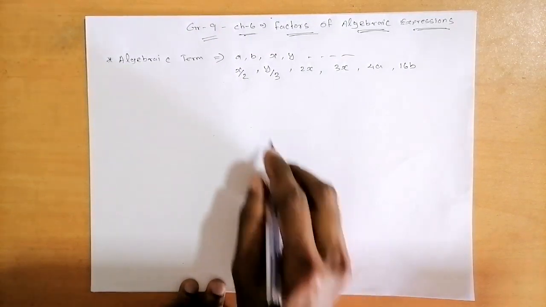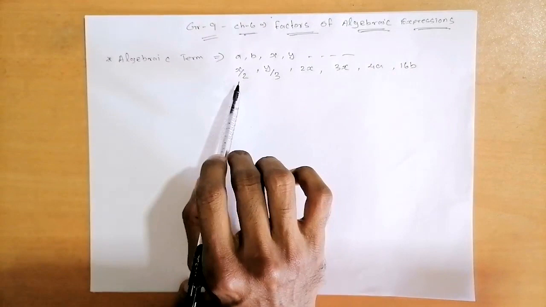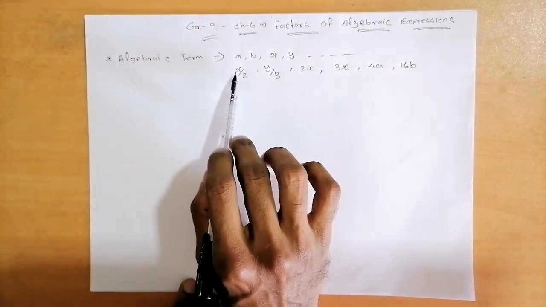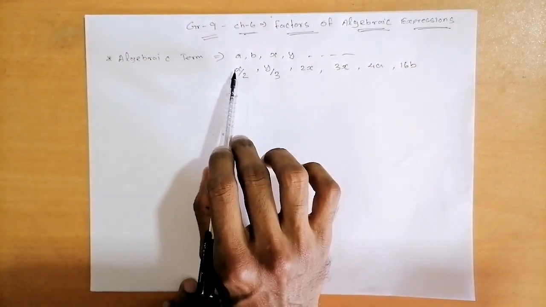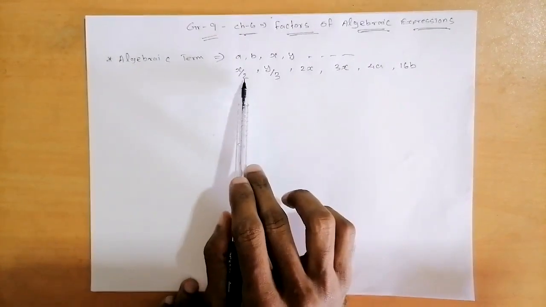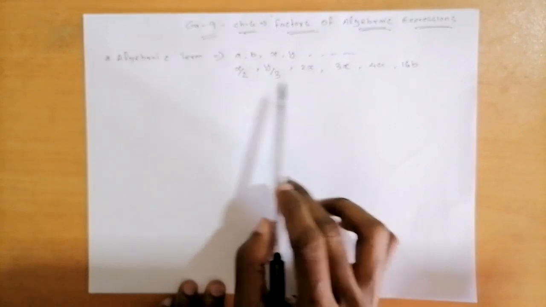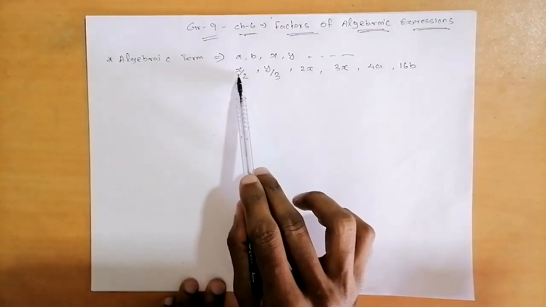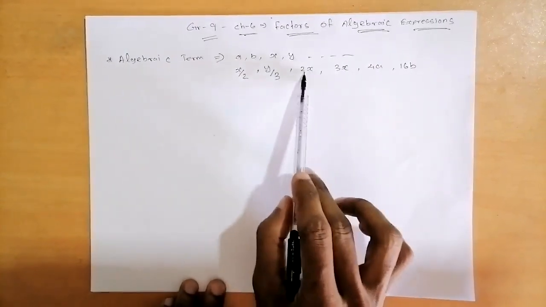If you check these categories which I write here: a, b, x, y, and the other terms like x over 2, y over 3, 4a, 16b, all the algebraic terms written here consist of one algebraic term.